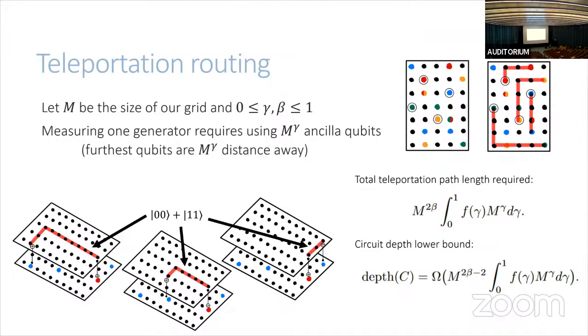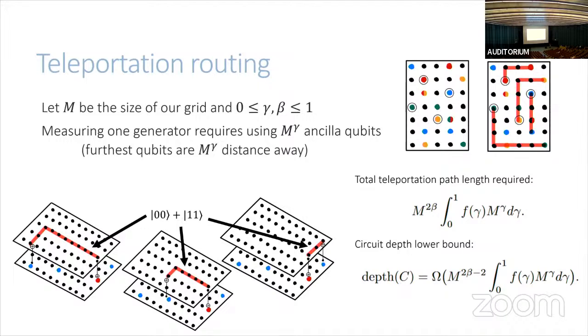So if we have some function f of gamma that is the distribution of the sizes of the generators when we embed them in the grid, we can see that measuring one generator of size m to the gamma requires m to the gamma ancilla qubits, just because if we have a qubit over here and a qubit over here, we have to actually use ancillas, making a path connecting them. So if the path is long, then we need a lot of ancillas. So we can essentially count every path required for all the generators.